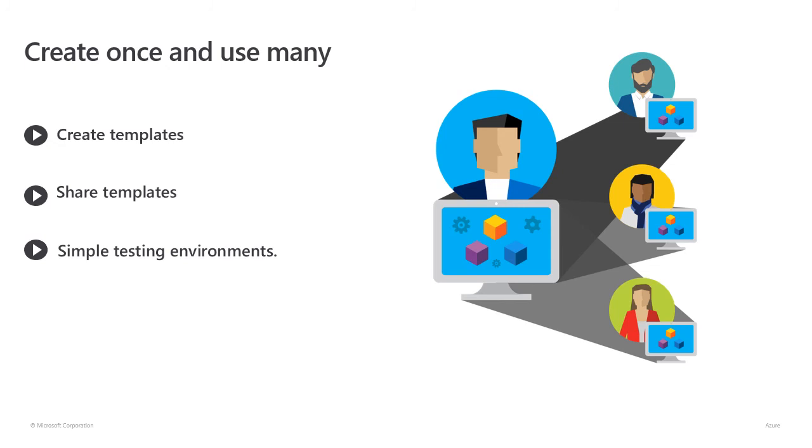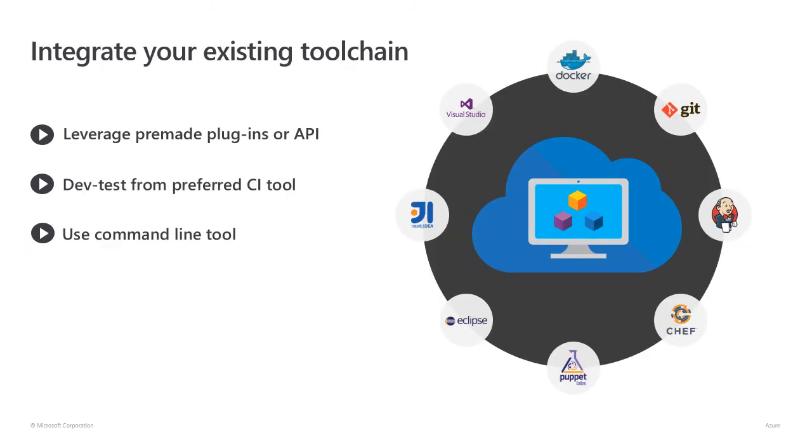For example, the people who do core banking projects will have a dev test lab that's based on template A. People who do back-end applications for the bank will have a dev test environment that's based on template B. The good thing about this is that once you create the templates, you can share it and you can simplify your testing environment provisioning.